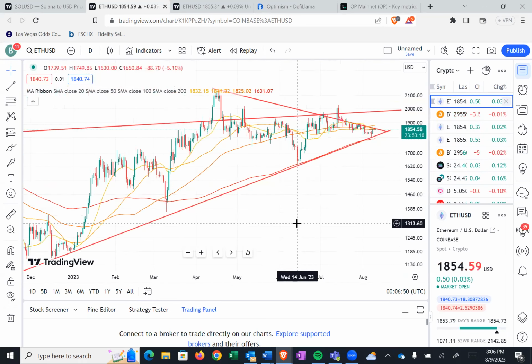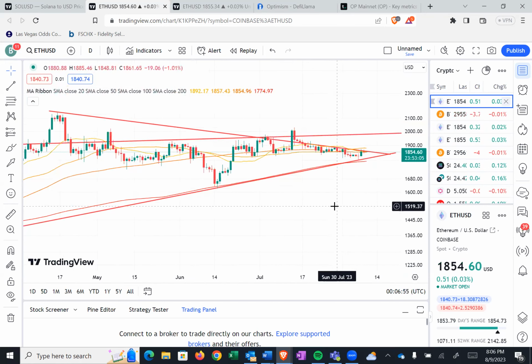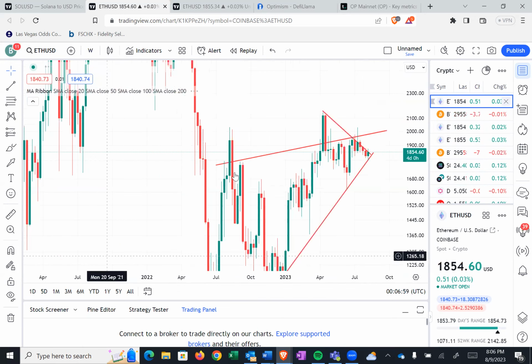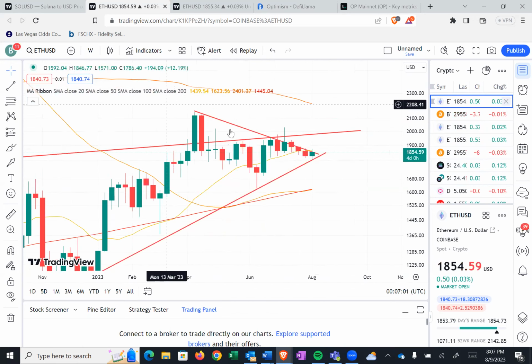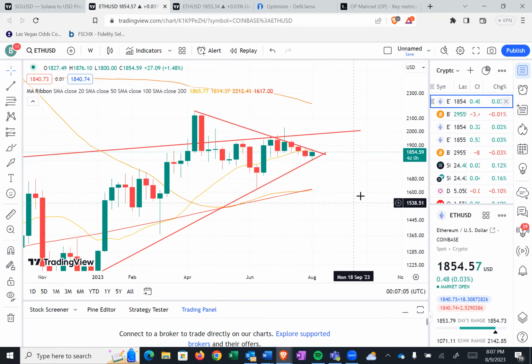To me, it just seems that this market continues to be picked up, and I am wondering if we're about to break, because a lot of people think we're going to break down. I don't know.